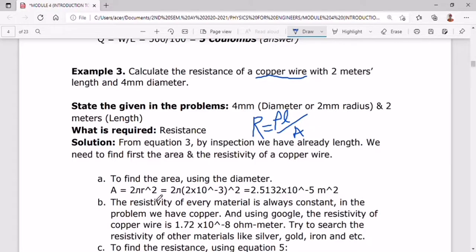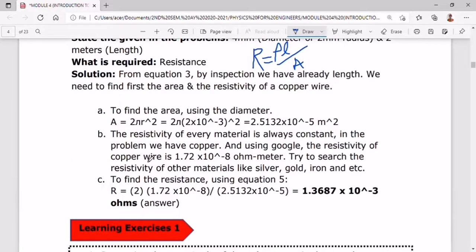2 pi r squared. So our next step is to solve the area, 2 pi r squared. So 2 pi times 2 times 10 raised to negative 3, raised to 2, our answer will be 2.5132 times 10 raised to negative 5.